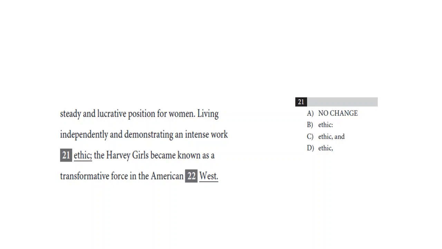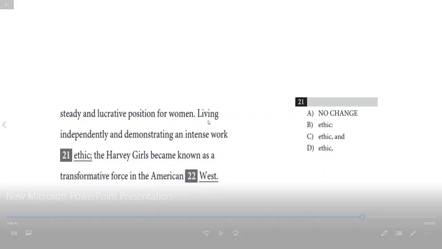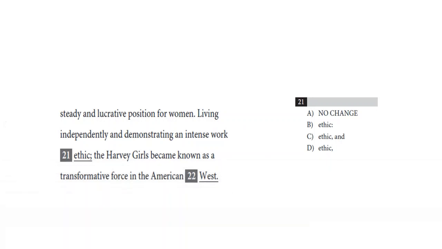Okay? So another question here is, let's read it together, starting from living. Living independently and demonstrating an intense work ethic; the Harvey girls became known as a transformative force in the American West. Okay, do we have a modifier? Yes, we start with a gerund. And we don't know who lives. And the doer, which is the Harvey girls, immediately comes after the comma.